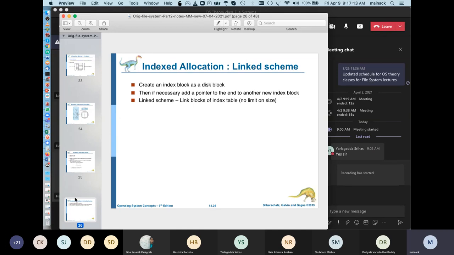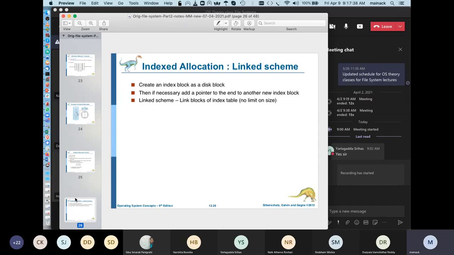How large should the index block be? Because each file must have an index block, we want the index blocks to be as small as possible. However, if the index block is too small, then it will not be able to hold enough pointers for a large file. And you need to have yet another mechanism to have a multi-block index file.